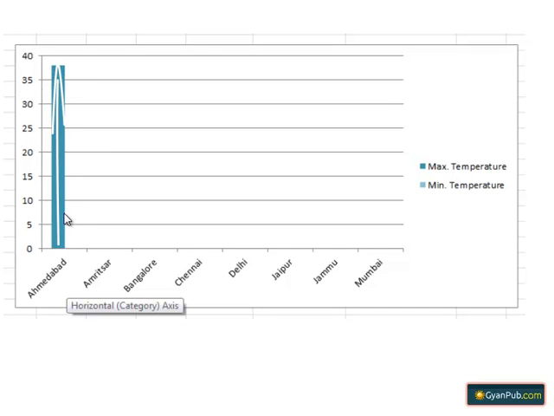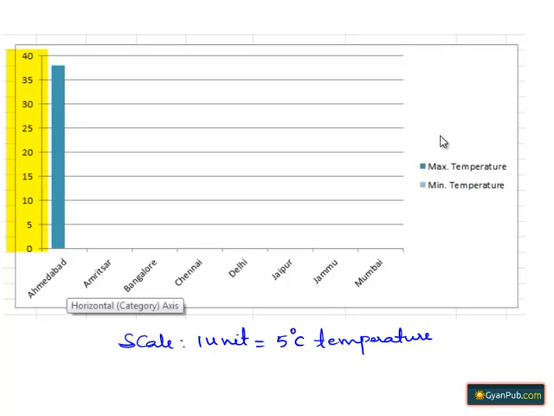We get the bar graph as follows. Here as we took the incremental of 5, so scale, that is 1 unit, is equal to 5 degrees centigrade temperature. Here the color dark blue indicates the maximum temperature and the light blue indicates the minimum temperature.